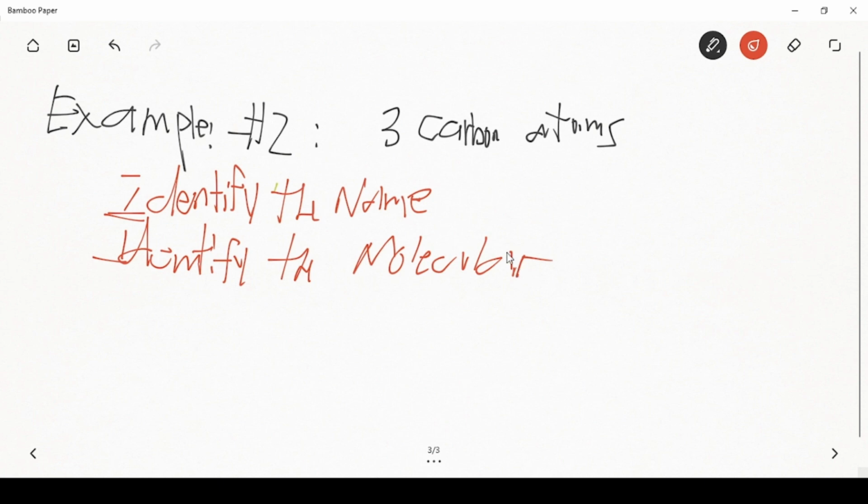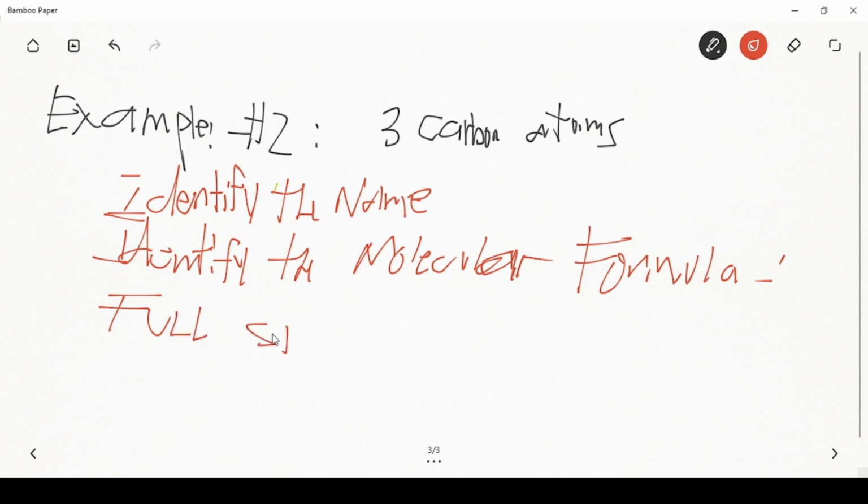And lastly, draw the full structure. Okay, so these are the things that you need to identify and draw for this example number 2.